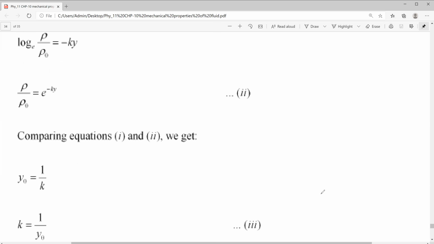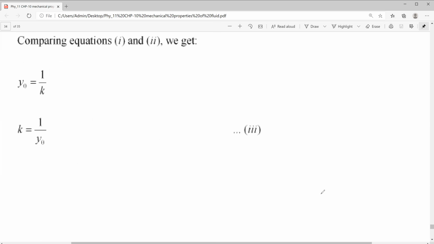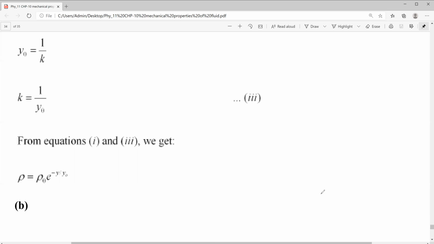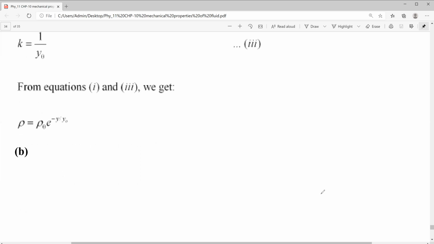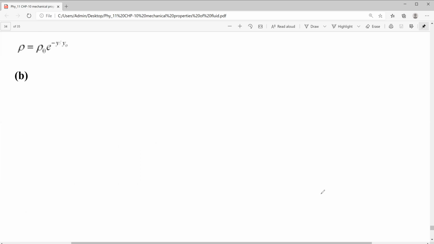Let us consider that as equation 2. Comparing equation 1 and 2, we got y naught is equal to 1 by k, or k is equal to 1 by y naught. So from equation 1 and 3, rho is equal to rho naught e raised to minus y by y naught. So that is for A. And for B, how are we solving that?